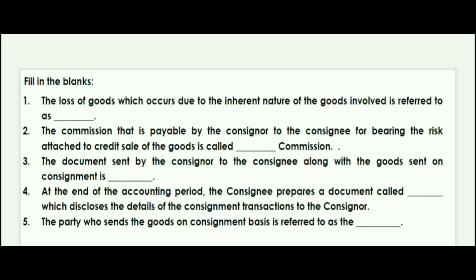The consignor sends the pro forma, so what about the consignee? That is account sales. Okay, so this is prepared at the last. Question 5 is, the party who sends the goods on consignment basis is referred to as the consignor. Okay, so let's see the next.